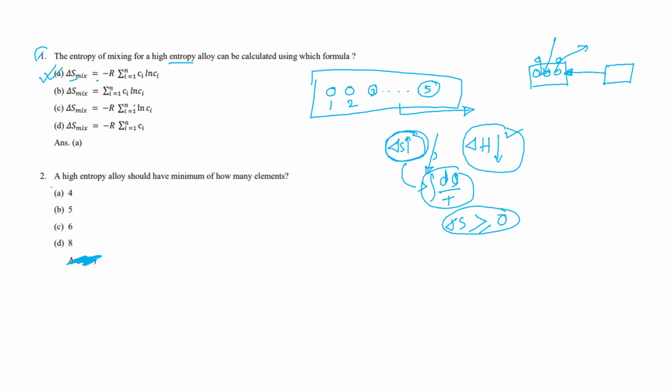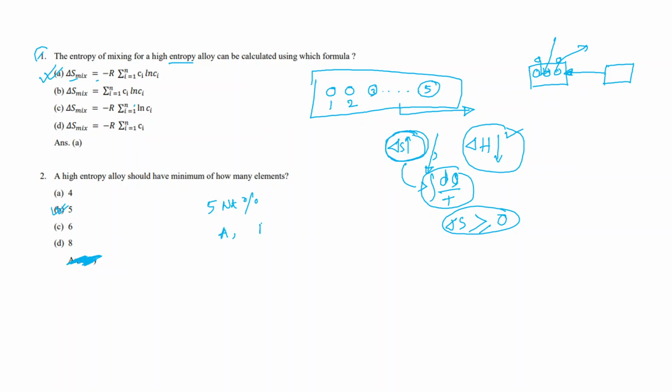The minimum number of metals to form a high entropy alloy is 5, and the concentration of each should be more than 5 weight percent.